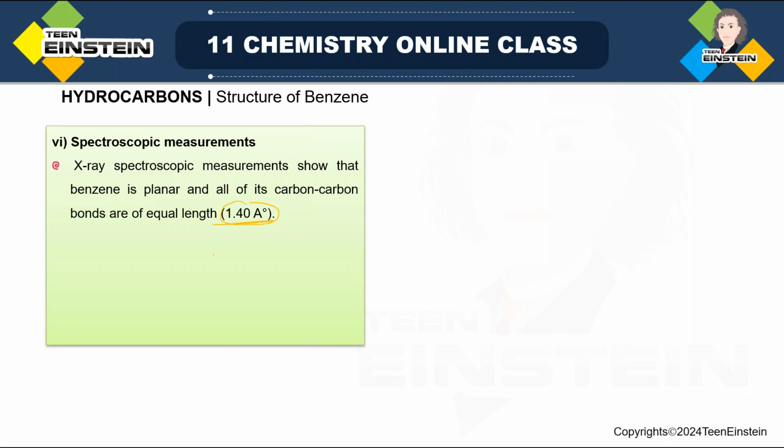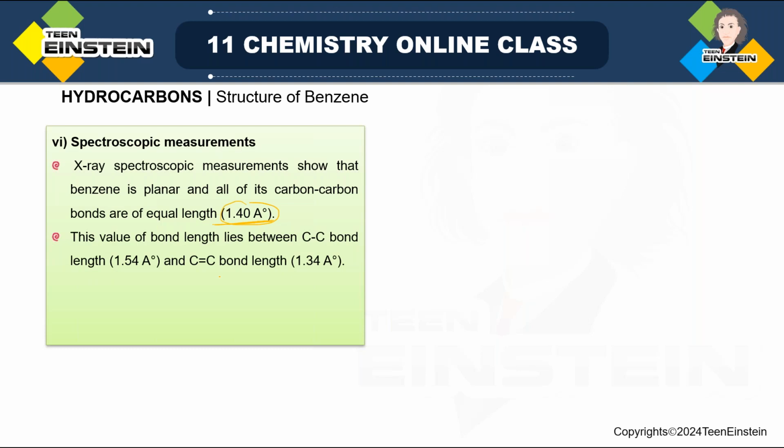Which means that sometimes they have double bond character, sometimes single bond character. It is something in between. The normal average value of a C-C double bond is not present, and the normal average value of a C-C single bond is also not present. So this 1.4 angstrom value is something in between.